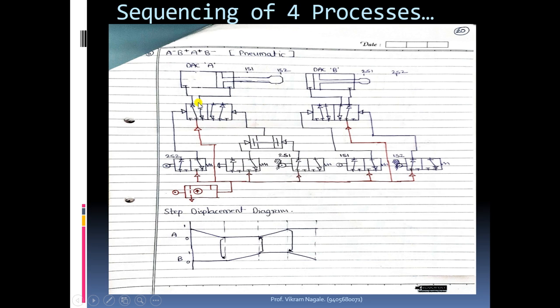So here first we were discussing about which block should be in connection with the cylinders initially. Okay, so this is about the first cylinder. Now we'll discuss about the second cylinder. See, this is initially retracted, means rod end is at 2S1, piston is on the extreme left side.